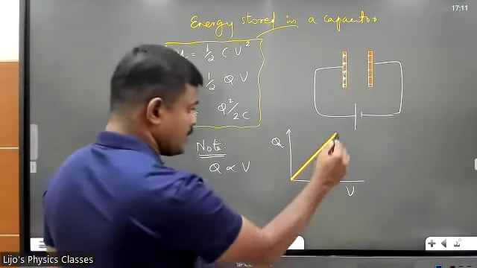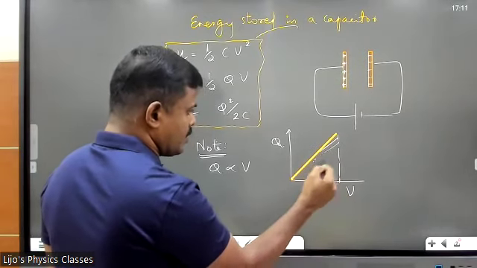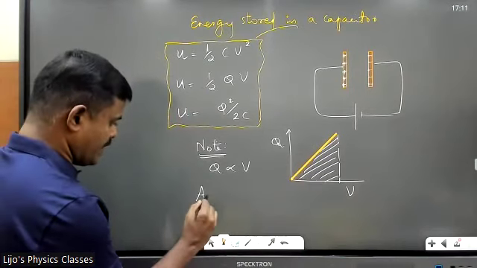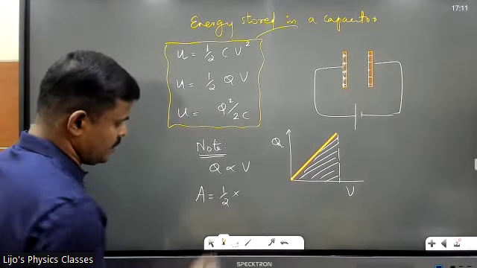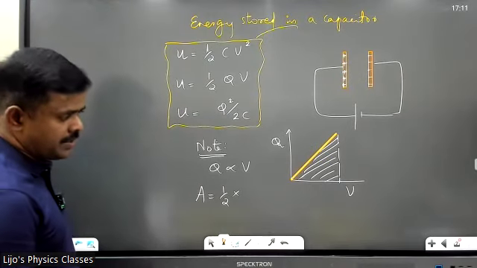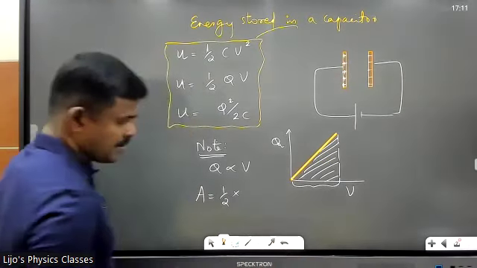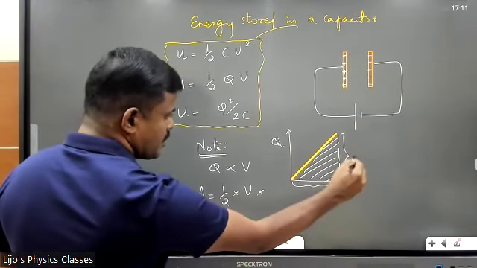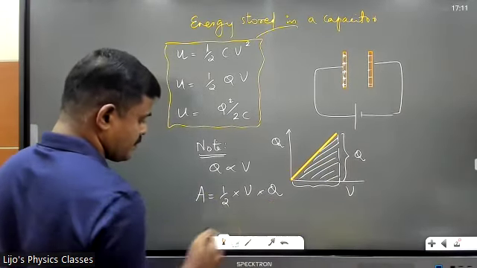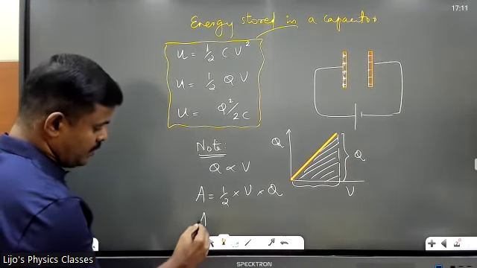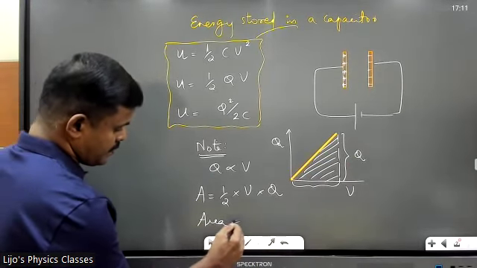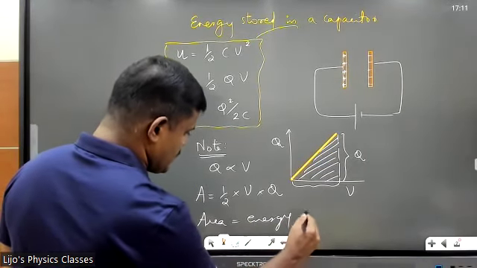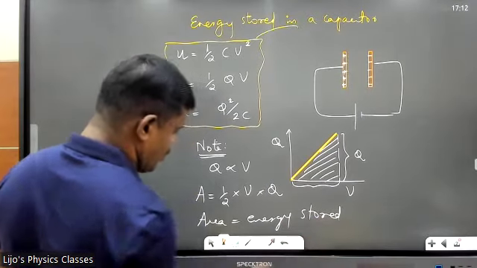So how do we do this? You complete this triangle. You know that the area is triangular in shape, so you can find the area as half into base into height. Base is V, height is Q. Area is half into Q into V. It is energy stored.